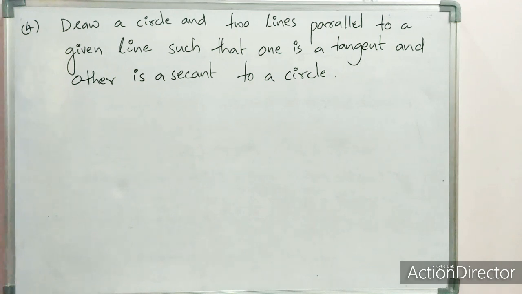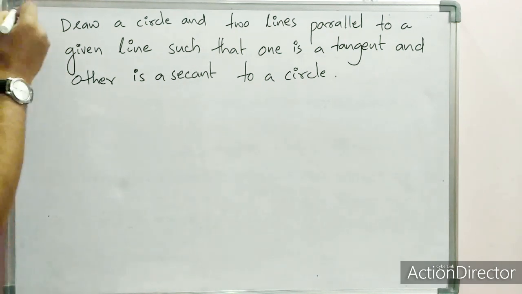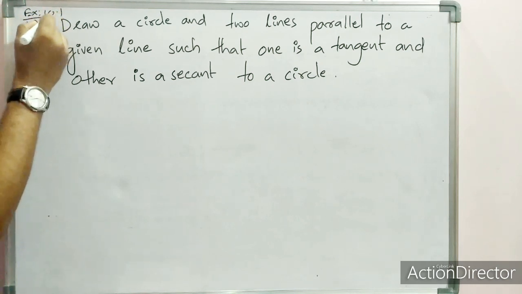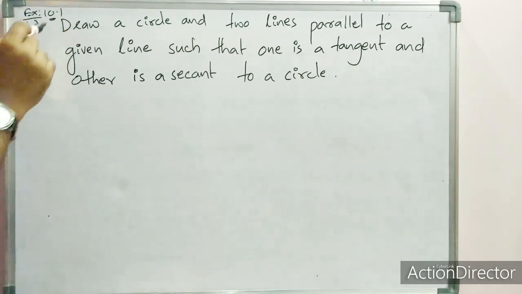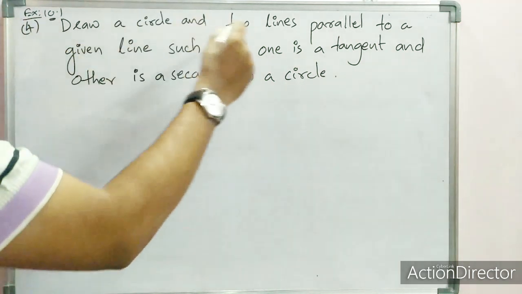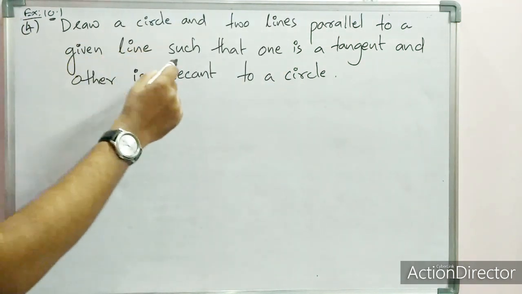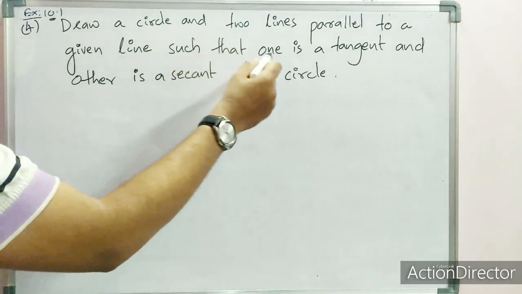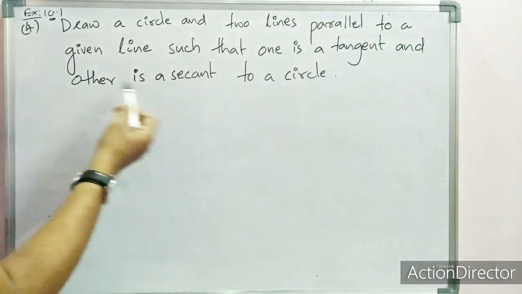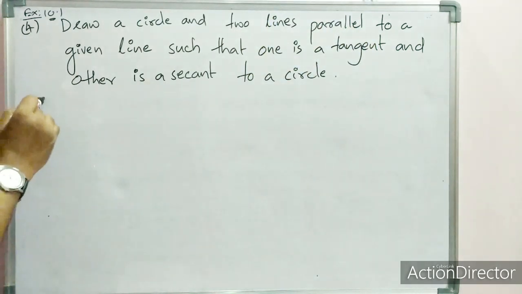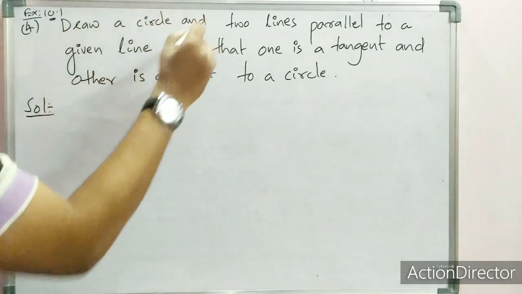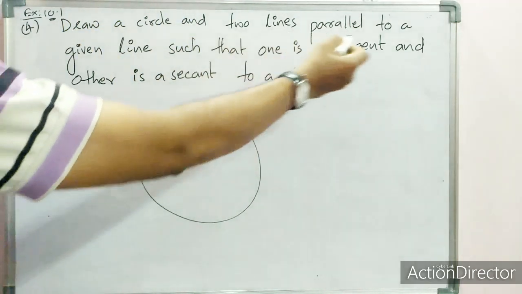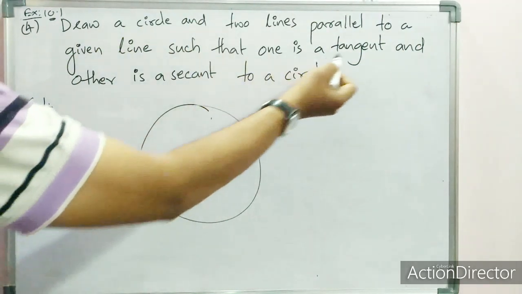Now this is the fourth question in exercise 10.1. Draw a circle and two lines parallel to a given line, such that one is a tangent and another one is a secant. It's simple. First go according to the question, draw a circle like this. And for the parallel lines, one should be a tangent.